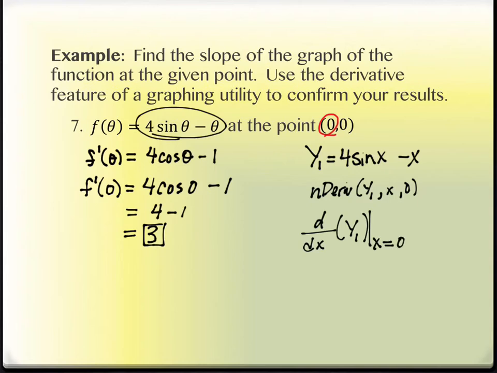Does it give you 3? Close enough. Yeah, 2 point, a whole bunch of 9s and some 3s at the end. That's what mine says. Yeah, it's 3, right? We're sufficiently okay with the fact that the calculator has got an error. It's pretty close to 3, right? So yeah, it is the number 3.